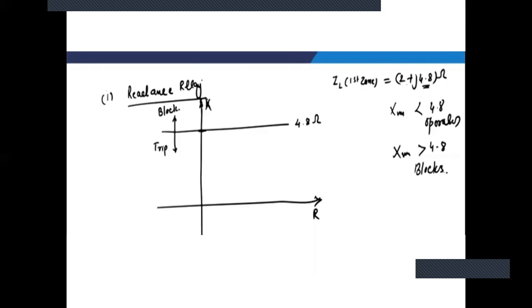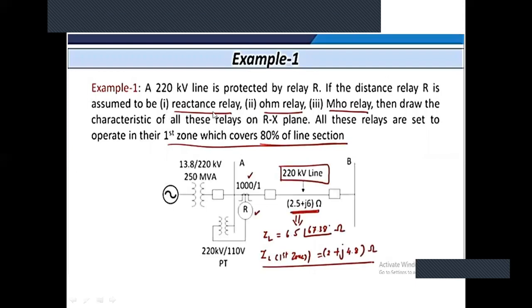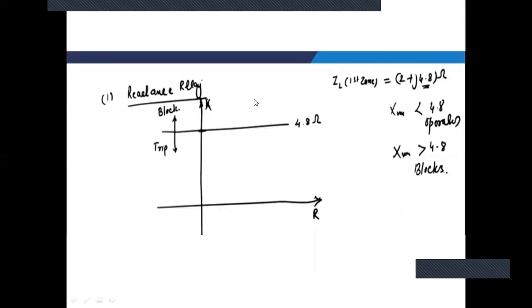Now the second point is regarding the Ohm relay. We have drawn the characteristics for the reactance relay, now for the Ohm relay. As we have already discussed in the earlier classes, the Ohm relay is the angle admittance relay.